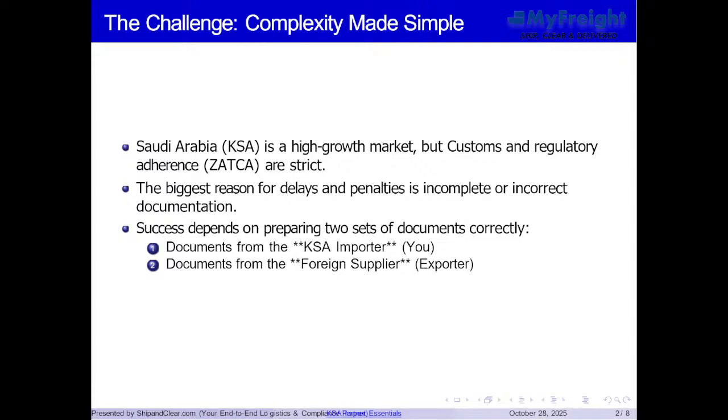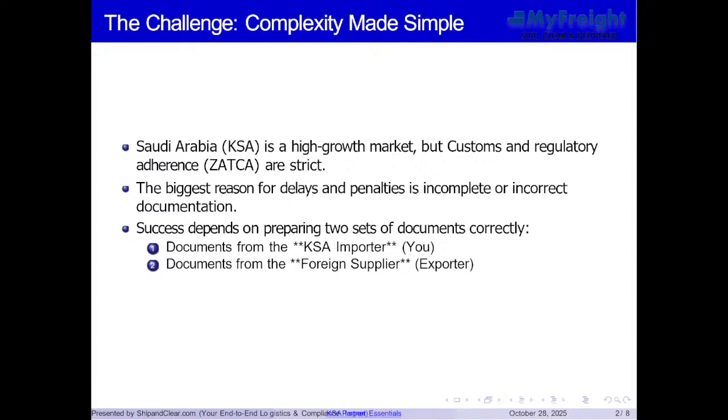That's why they have made a very good regulatory authority, ZATCA, and now they have made a single website for everything. The biggest reasons for delays and penalties, as per my experience, most of the time happen because of incorrect documentation. People don't know what they are importing and what the exact requirement is, and then they import without the proper documents.